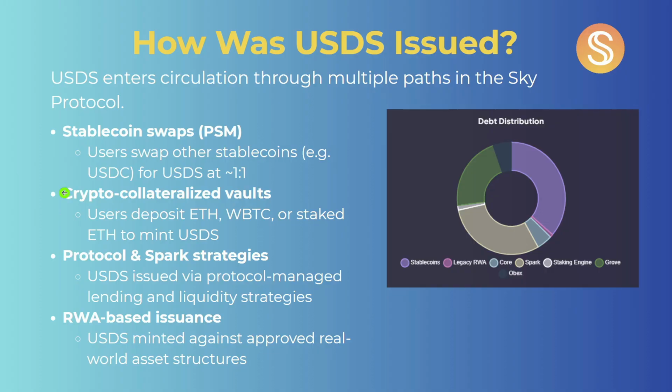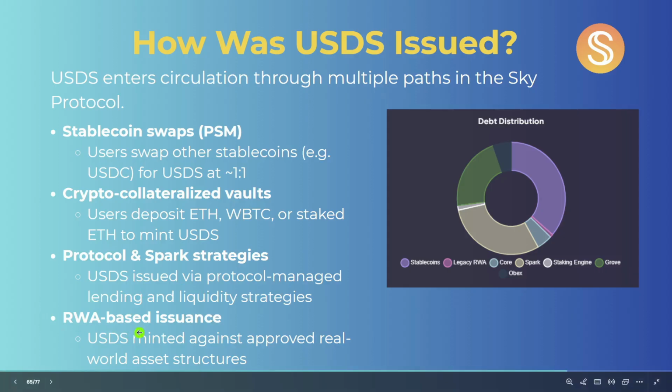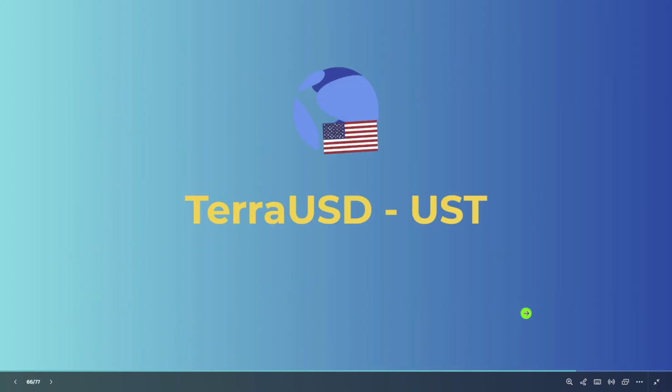It is also generated by crypto-collateralized vaults, where users deposit ETH, wrapped Bitcoin, or staked assets to mint USDS. Through Spark protocol strategies, USDS is issued via protocol-managed lending and liquidity strategies. And through RWA-based issuance, USDS is minted against approved real-world asset structures.